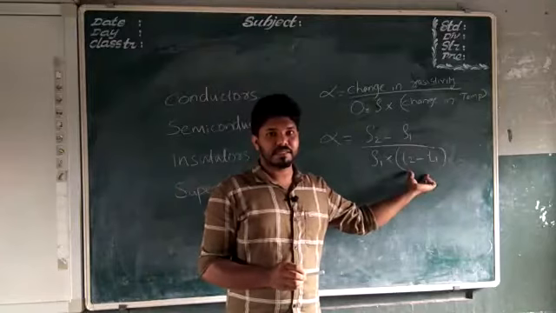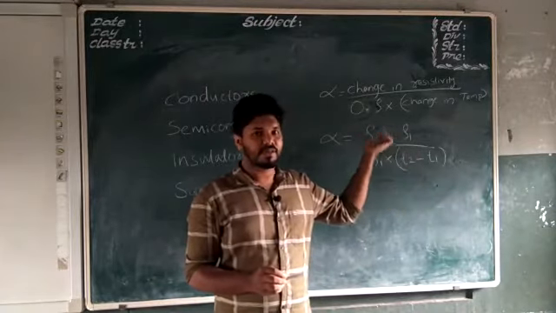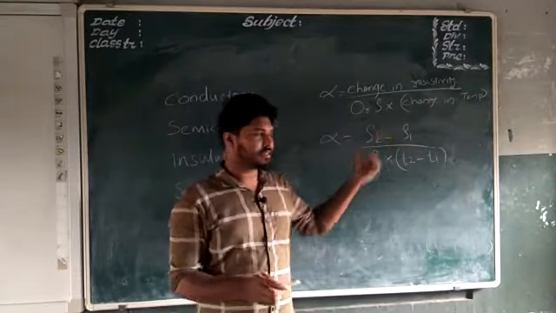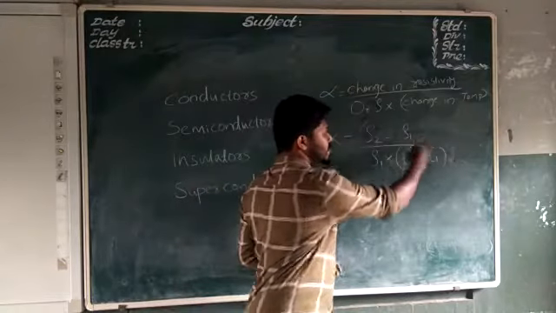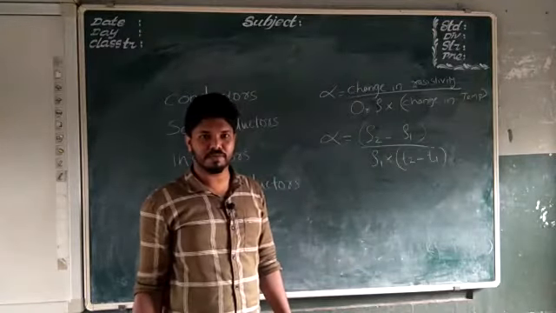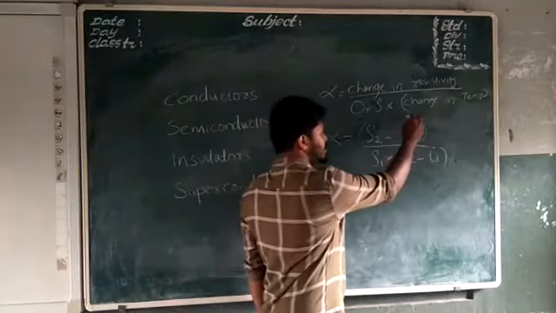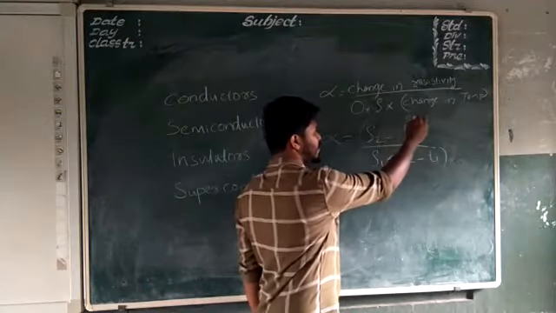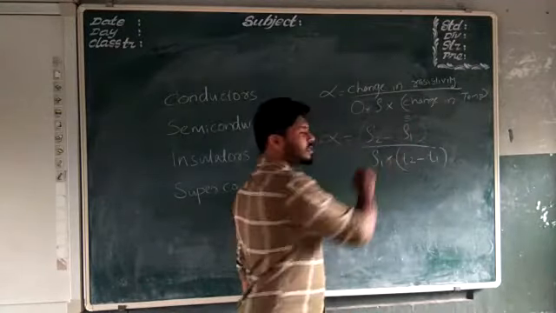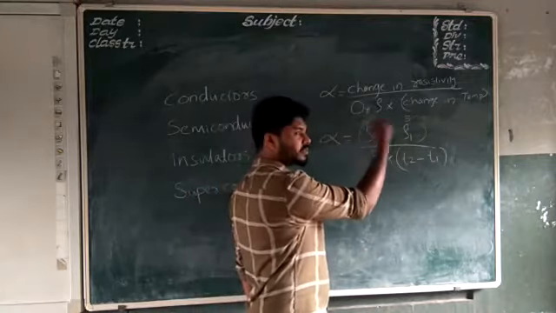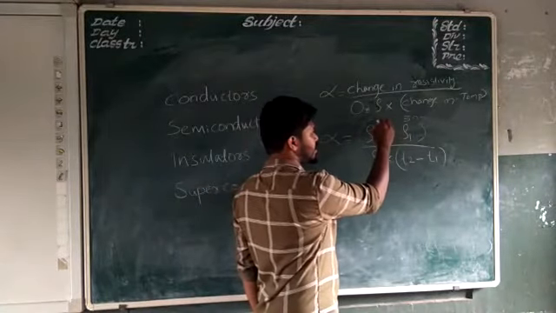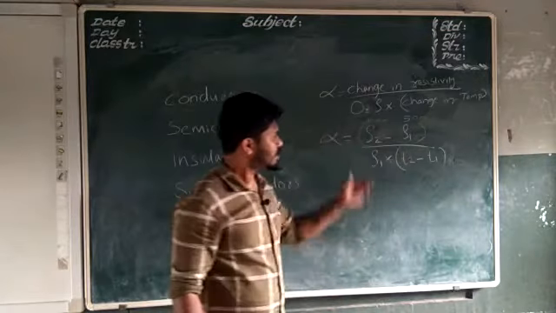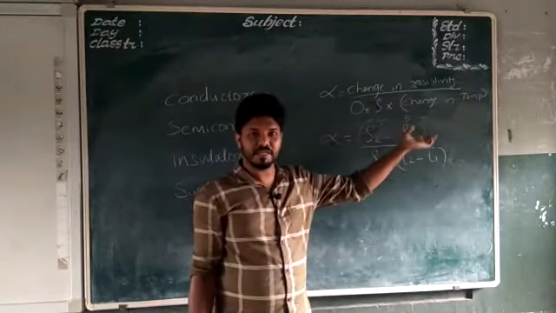If ρ1 was 5 ohm meter and ρ2 becomes 10 ohm meter, it's a positive value. 10 minus 5 gives us 5.